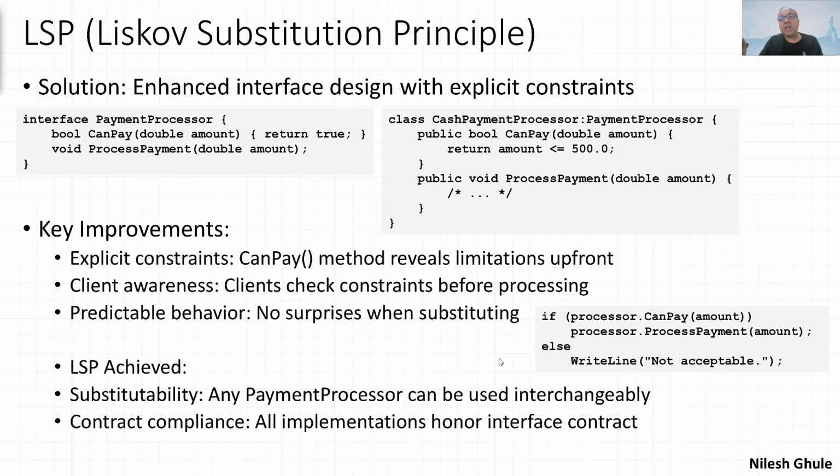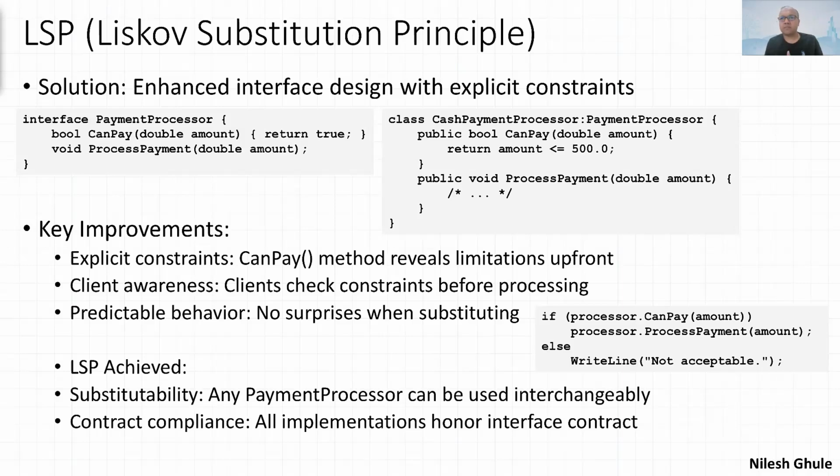So this is how LSP can be achieved. Now, any payment processor can be used interchangeably at runtime. There's one misconception people have with this demo. People usually ask, does it mean that we should go and modify the interfaces?